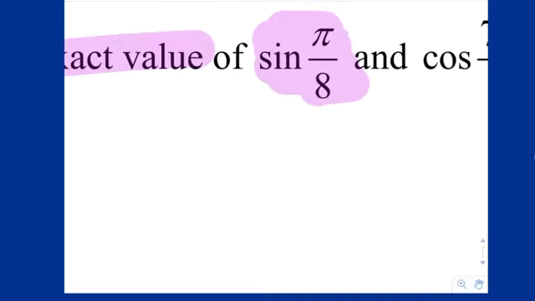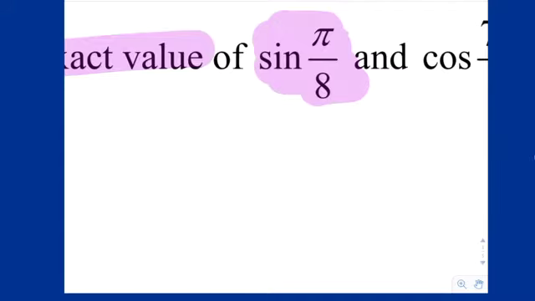No, it's not. So we already saw with the composite identities that if it's not on the unit circle, we could still find the exact value as long as it's a multiple of 15 degrees or pi what? 12ths, right? If it's something pi/12ths, we know that we can find 2 angles from the unit circle that add or subtract to give us that angle. Is pi/8 a multiple of pi/12ths?